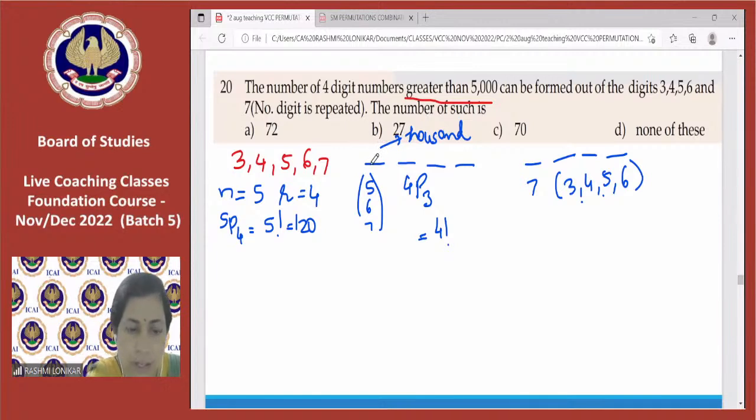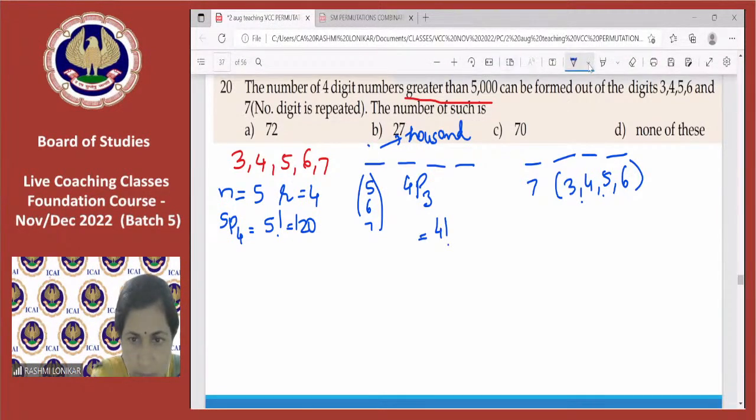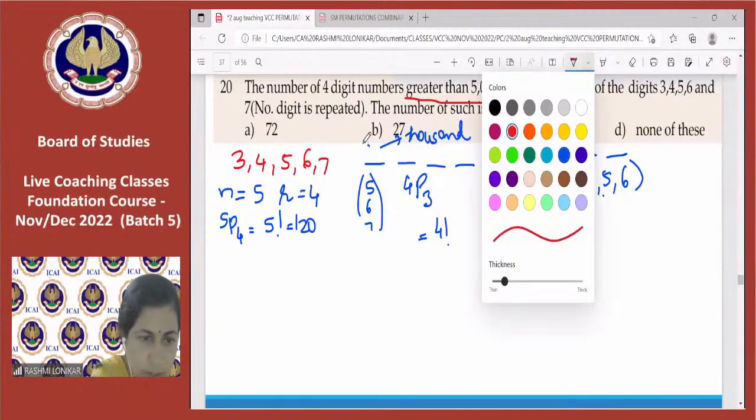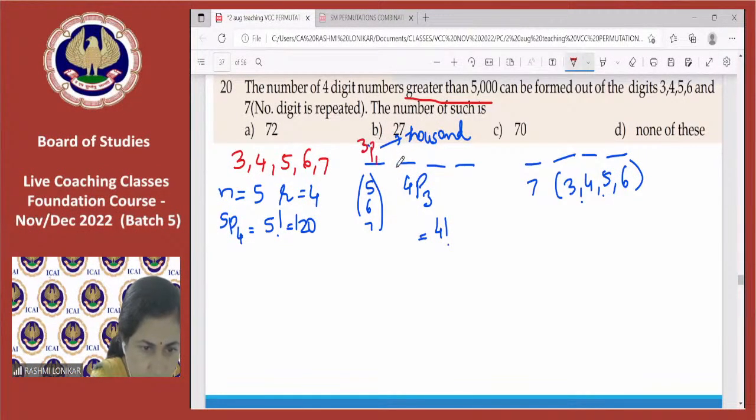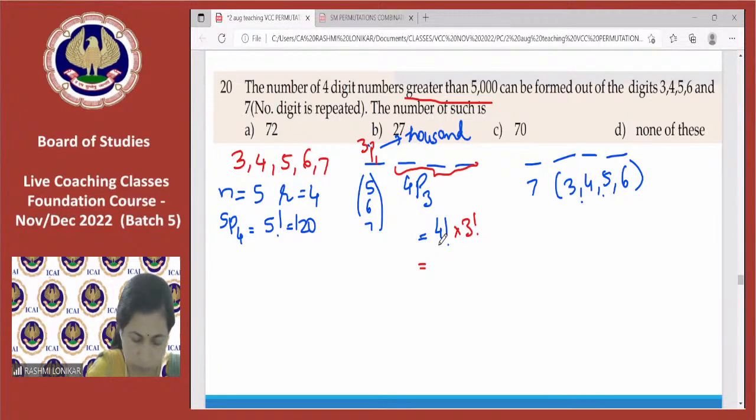So how much is 3P1? 3. For this, I am going to rearrange by using 4P3. So this is 4 factorial into 3, so this is 24 into 3, right? 24 into 3, that is 72. Okay. I again repeat it for you.